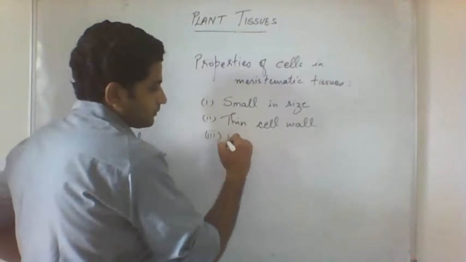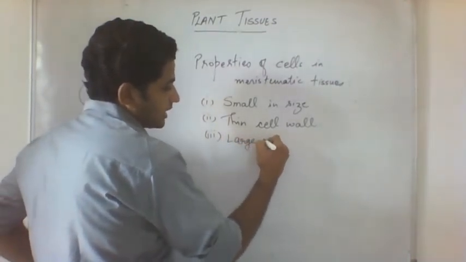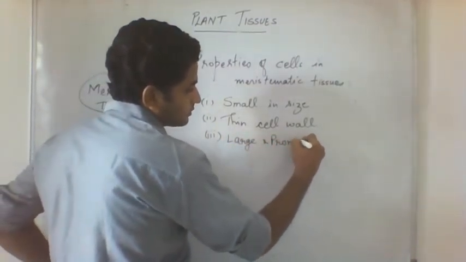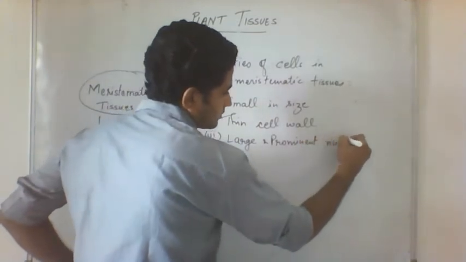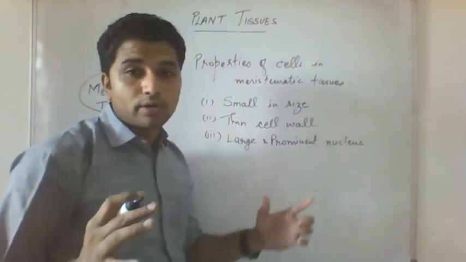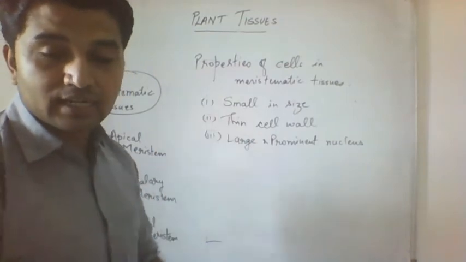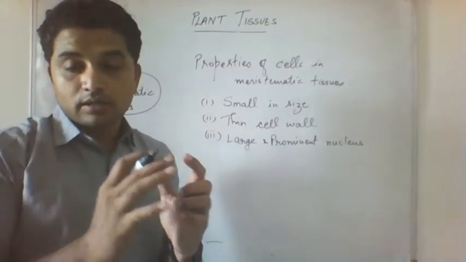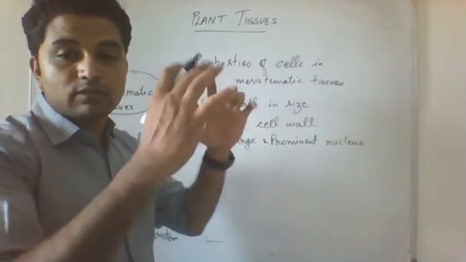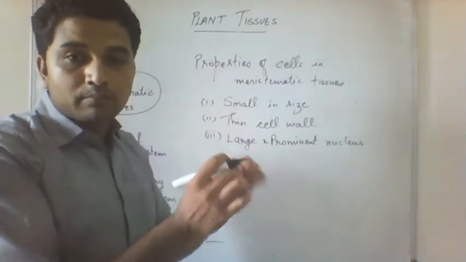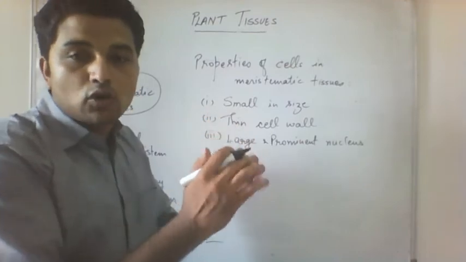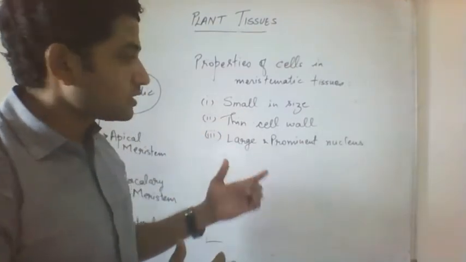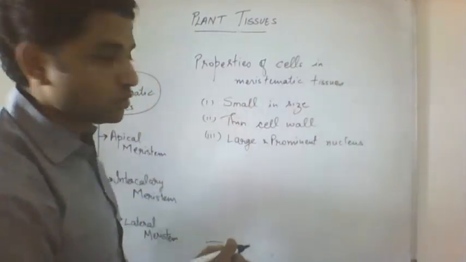So they have a large and prominent nucleus. You will be able to distinctly see it. In other cells the cell is large but the nucleus is small, but in meristematic tissues the cells are small and the nucleus is large compared to the cell.